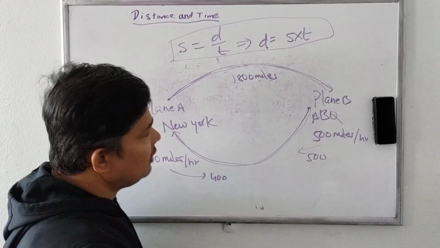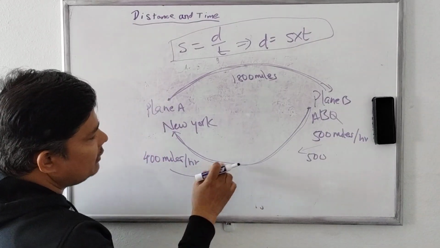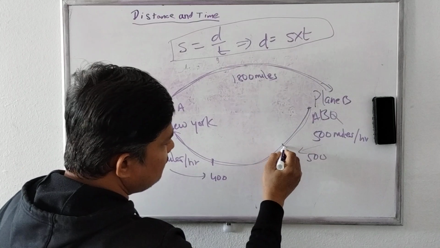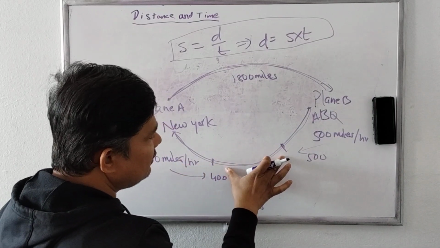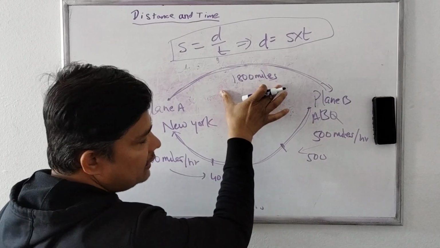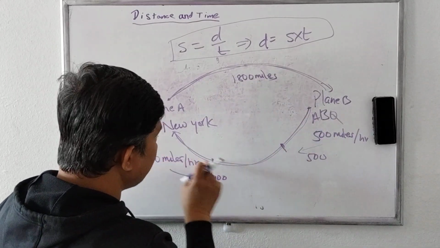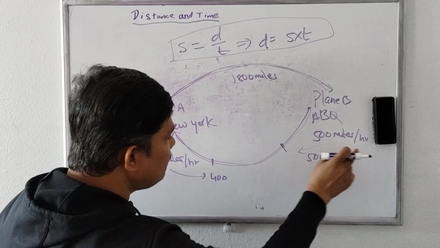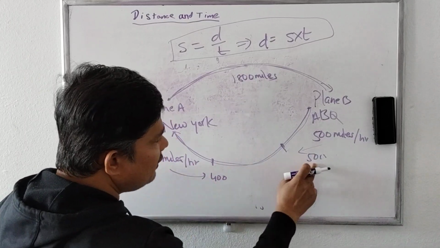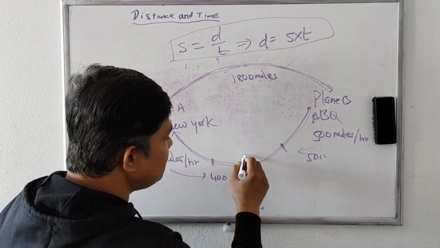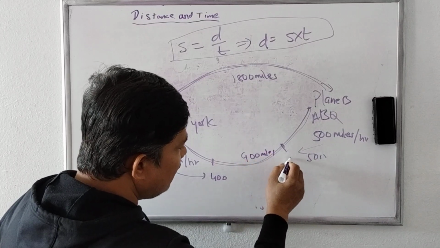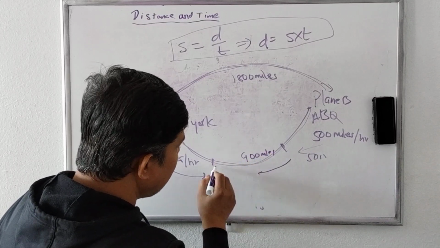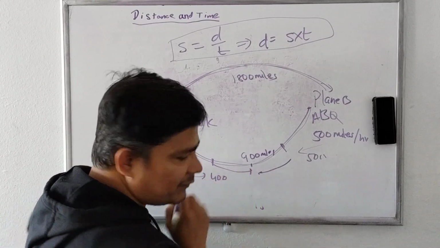So now what is the distance remaining between these two places? Earlier 1800, now 500 gone, 400 gone, so 900 gone. How much distance is left? 900 miles. Again it will cover 500, it will cover 400, and they will meet somewhere here.